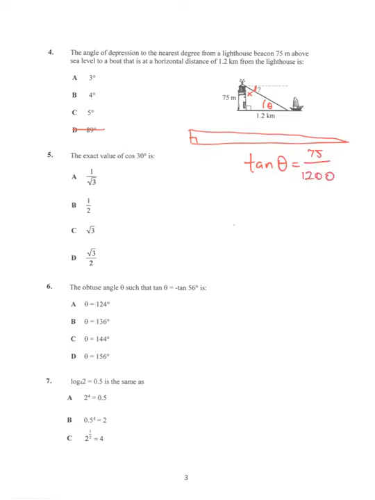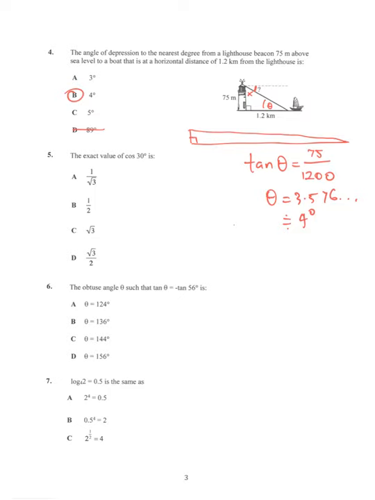Can't go and put 1.2 in there. You've got to put 1200. Now what that gives me, when I take the inverse, is 3.576 degrees, which gives me approximately 4 degrees, which is B. Very small angle of elevation or depression here, as we are expecting.